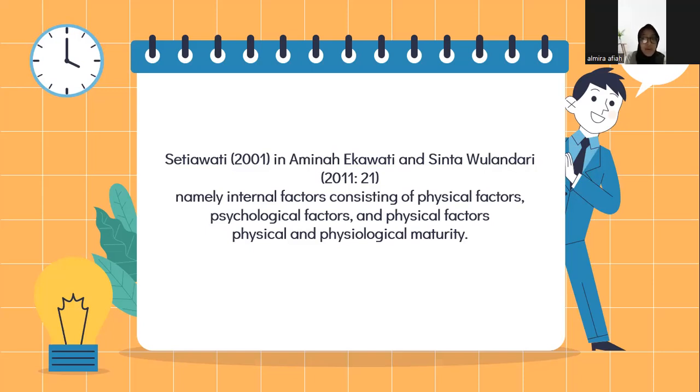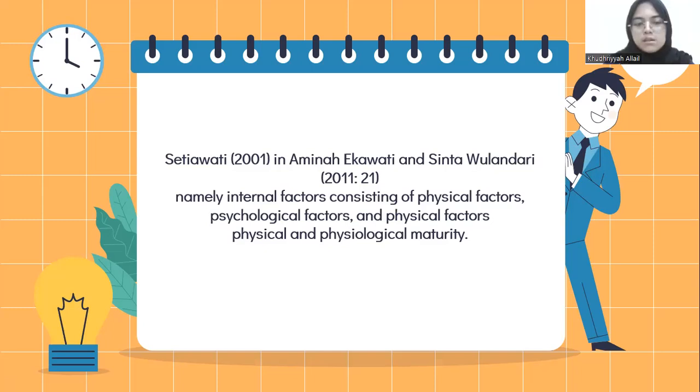Therefore, we wonder, is it possible that men are physically stronger than women so that men can spend more time studying than women? Or maybe there are other cases in this physiological field. So our third research question is, do physiological factors influence the results of learning grammar between male and female students?